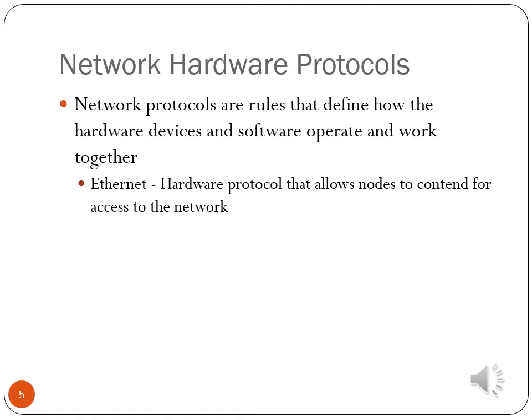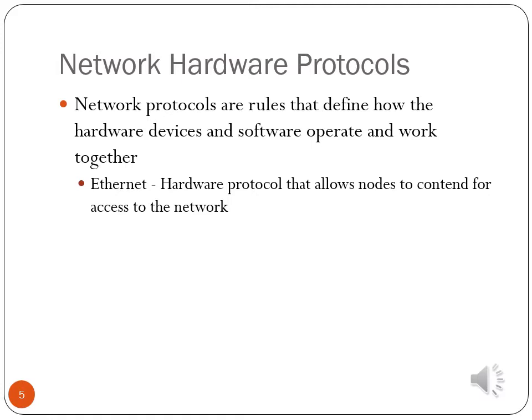So for example, the wiring of a local area network has to follow the Ethernet standards or protocols. The central electronic device I've mentioned a couple times, again, has to follow the Ethernet hardware protocols. The circuitry in the computer has to follow the Ethernet protocols.